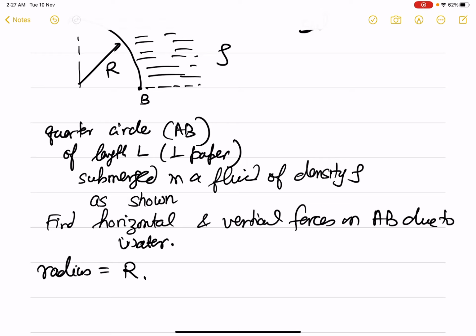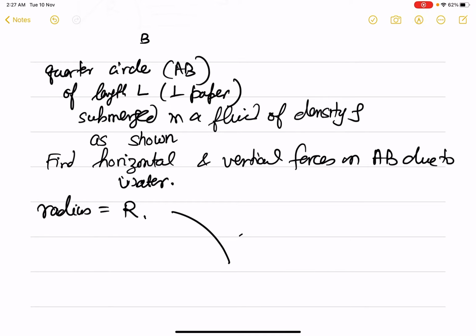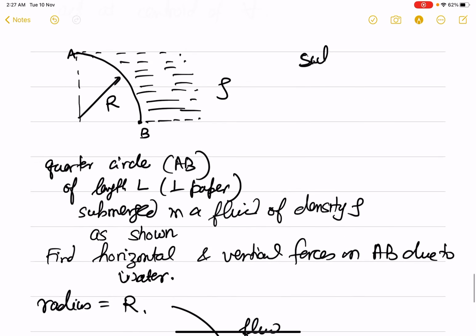Now this is the surface AB and we have fluid here.